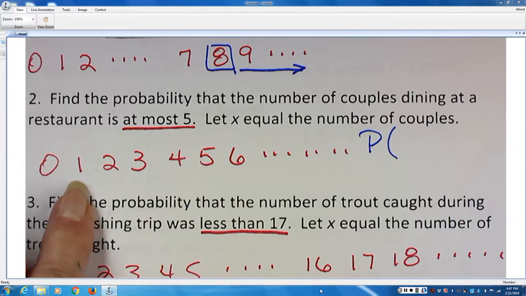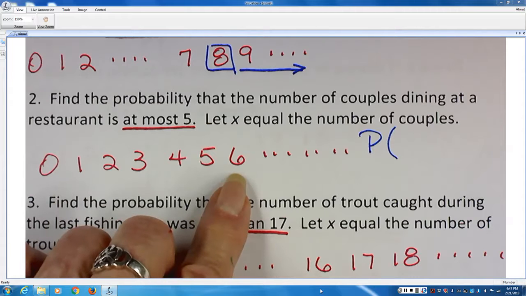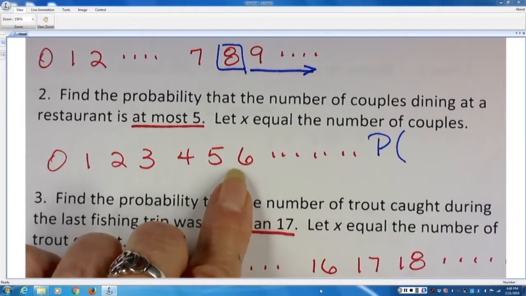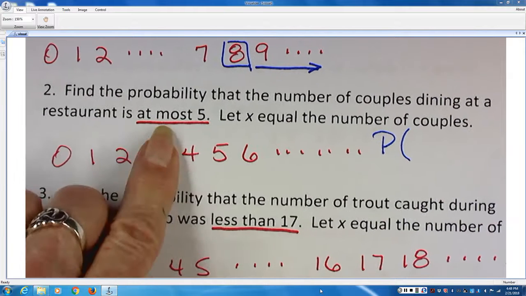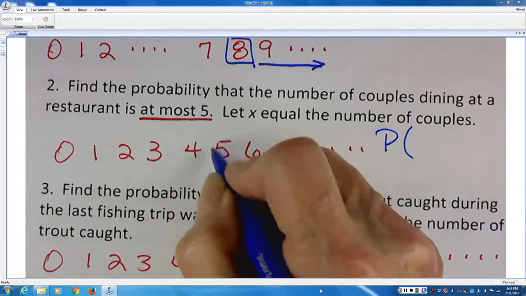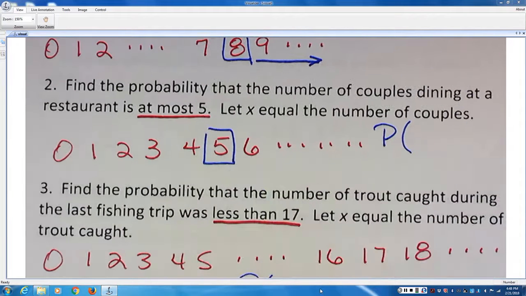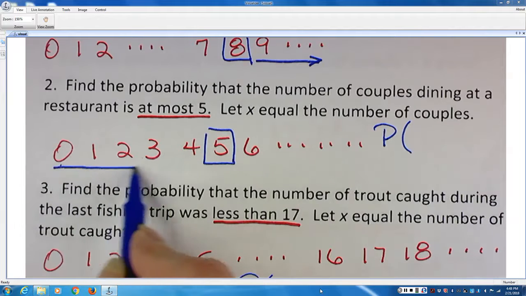Yes. If you have 6 diners, do you have at most 5? No. 6 is more than 5. 5 is your top number. 6 is more than 5. This is supposed to be the most you can have. And since that's your top number, you can't have 6 and have at most 5. You're going down.